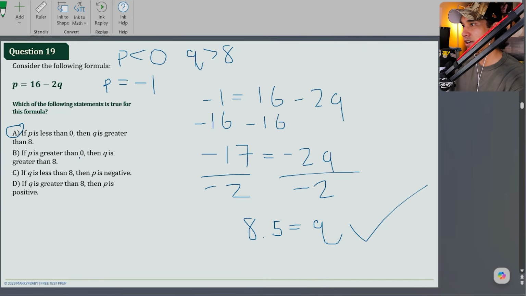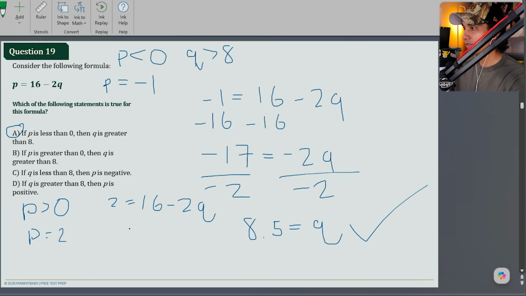If P is greater than 0, let's use 2. Let's just plug it in. 2 is equal to 16 minus 2Q, and then minus 16 on both sides gives us -14 equals -2Q.